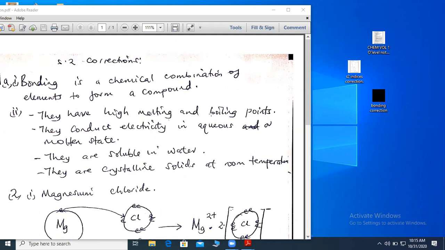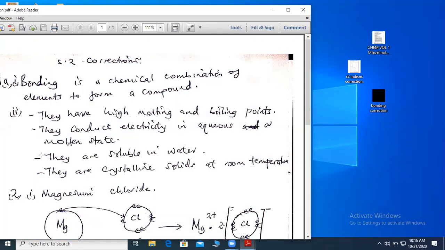If I say that for ionic bonding, the compound formed conducts electricity in aqueous or molten state, let me explain this. When I say the compound conducts electricity in aqueous state, it means when the compound formed is dissolved in water. That's when it will conduct electricity. In molten state, I mean if it is a solid and is heated to melt, then we say it is now in molten state.